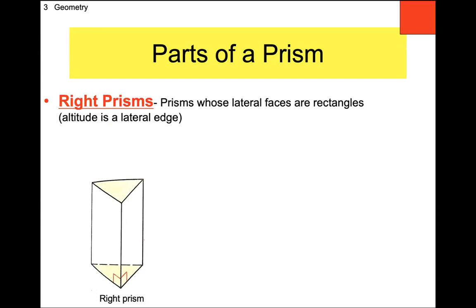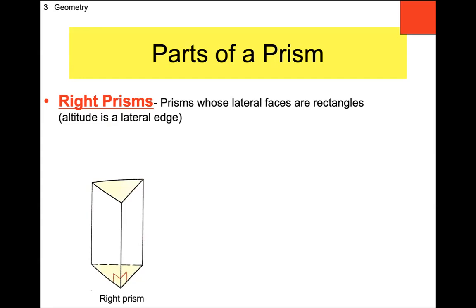So a right prism is a prism whose lateral faces are rectangles, and the altitude is a lateral edge. So if they were to mark the perpendicular distance from triangle to triangle, from base to base, then it just needs to be perpendicular, and that would be one of its lateral edges. Could they have a dotted line that goes from the center of the triangle to the center of the other triangle?